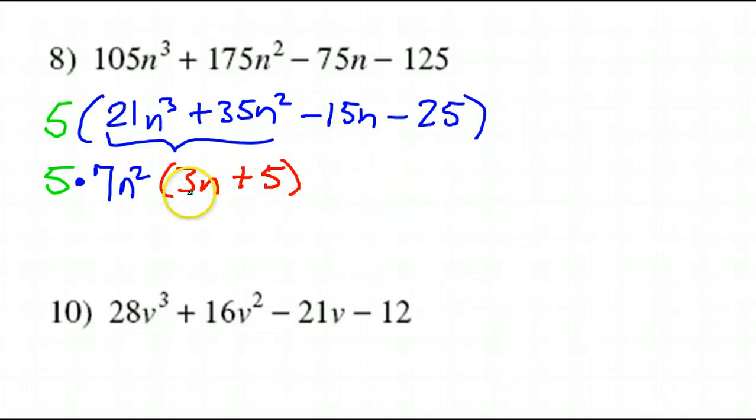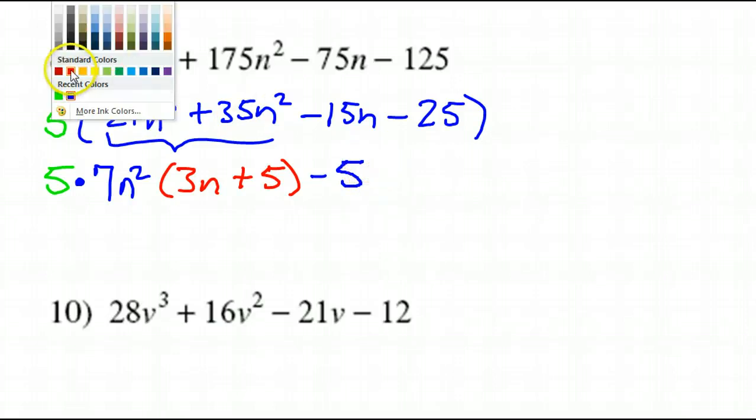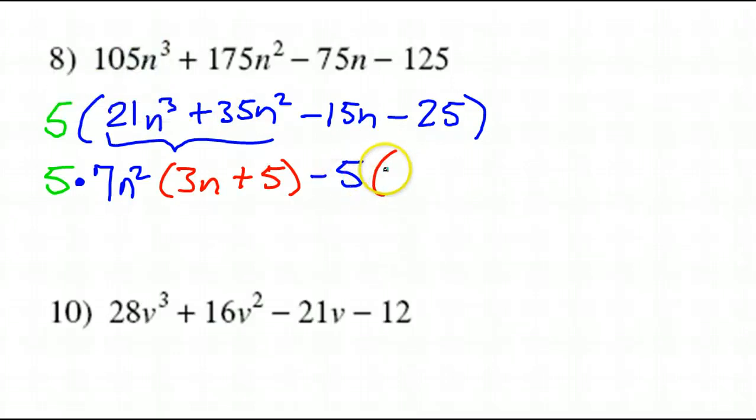Okay, now on this other side, I'm really expecting it to be 3n plus 5. So let's check it out. Both of these numbers are divisible by 5. So because it's negative, I have negative 5. Okay. And so then, if I go ahead and do that, okay, 5 times 3n.